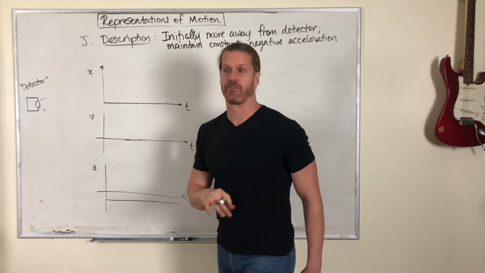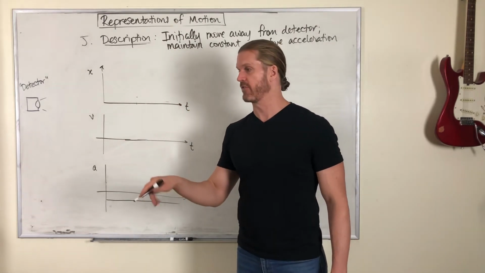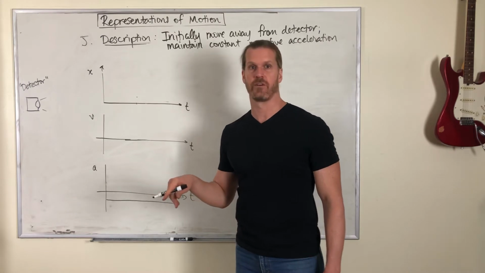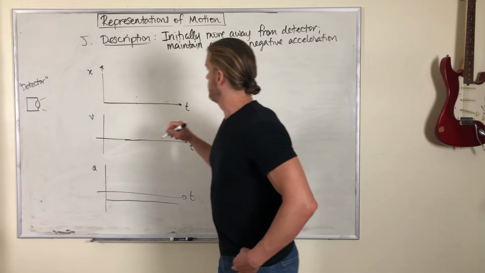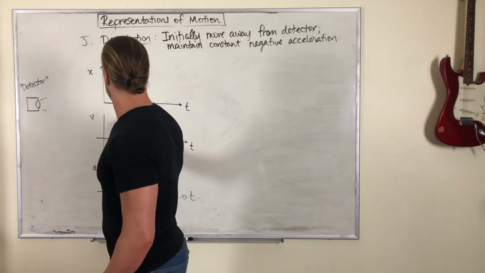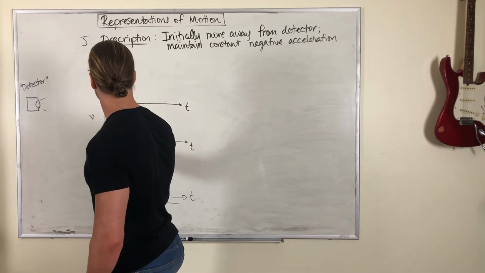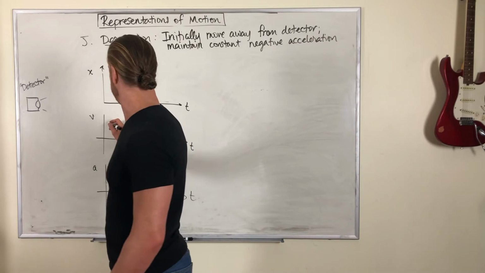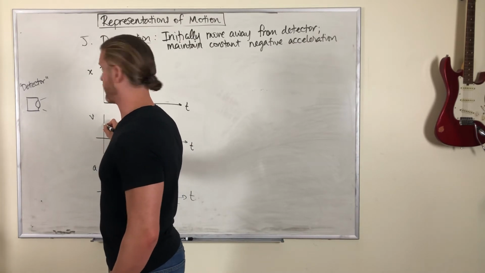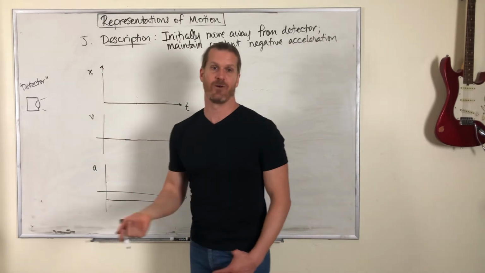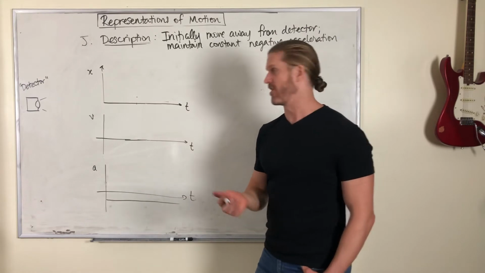There's more than one answer to this question. Actually, there's more than one answer to all the ones on this last page. If we initially move away, that means velocity is positive, and it's just kind of a matter of how long we're assuming this motion goes on.